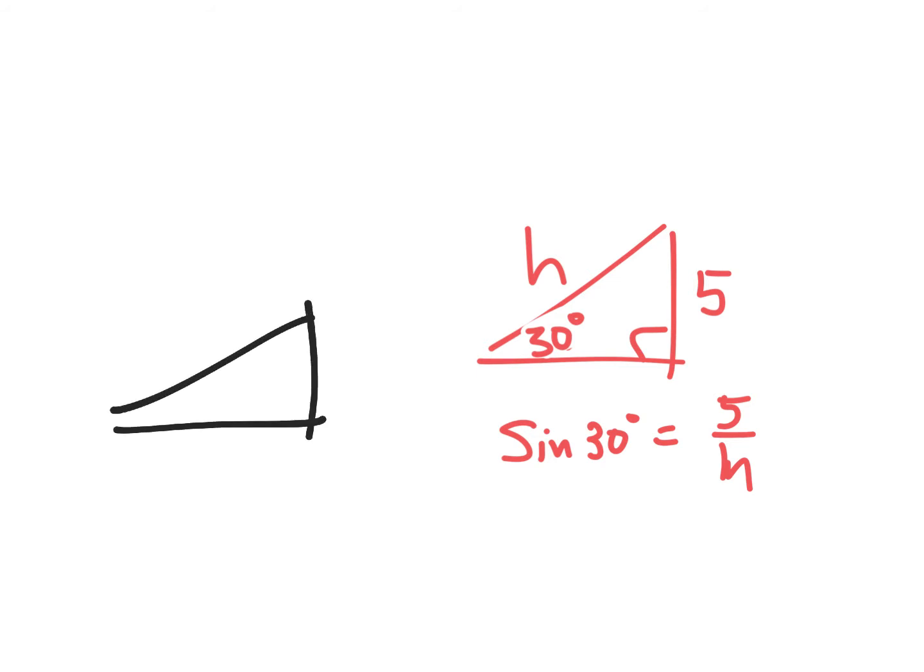Everybody make the classic 30, 60, 90 triangle. These are going to get used so many times, even in this unit called identities, which is what we're starting now, trig identities. It always comes back to these basics, like 1, and then what are the other ratios?